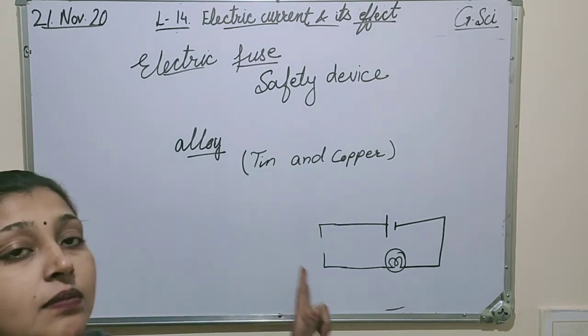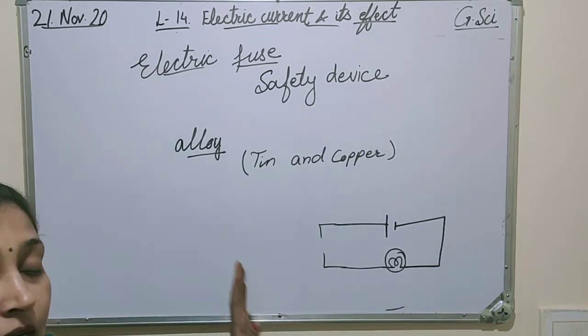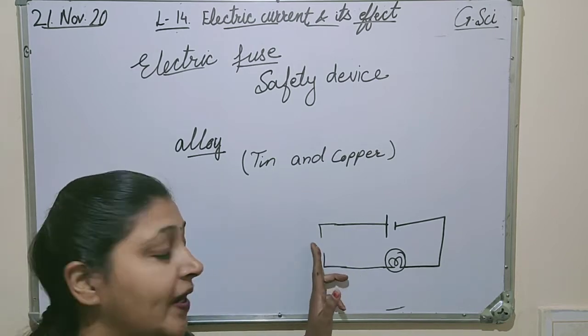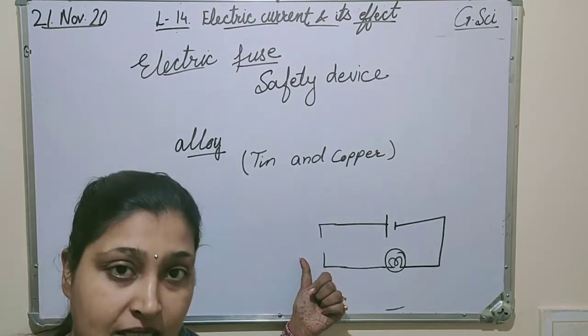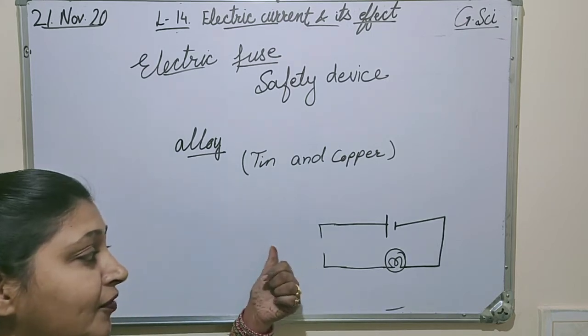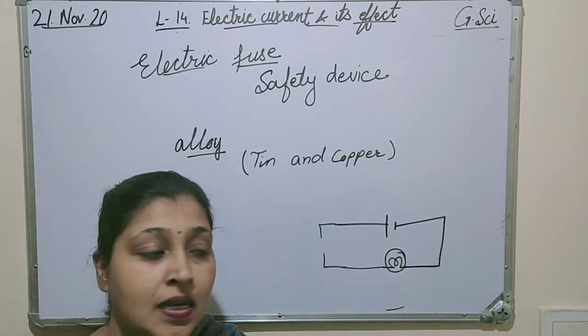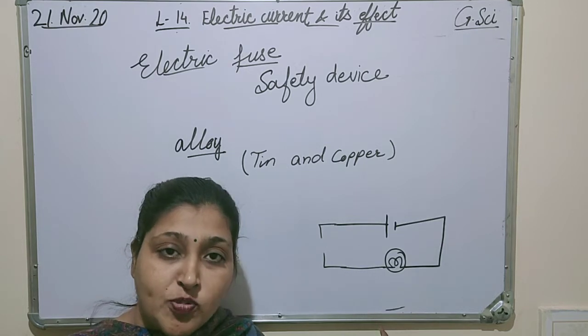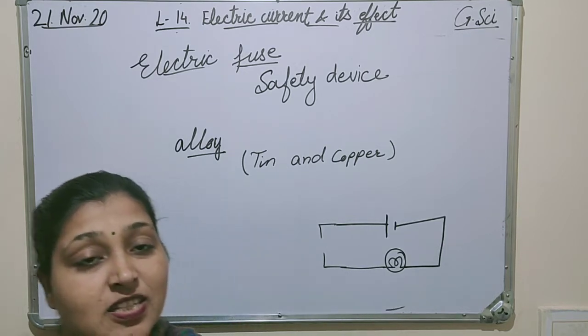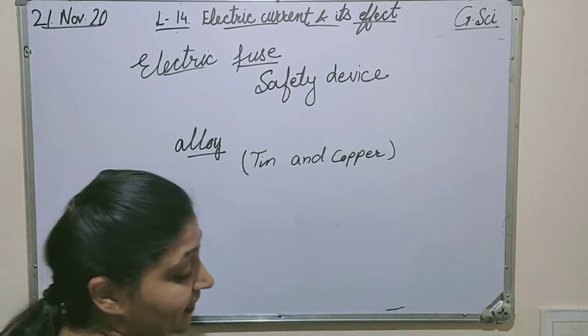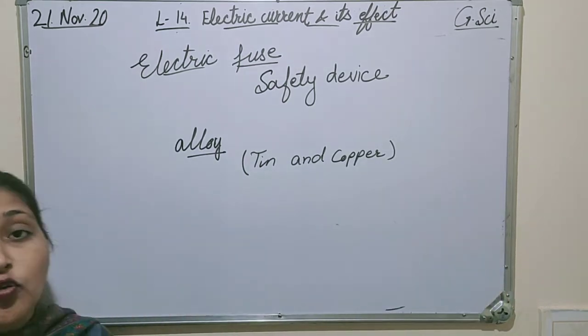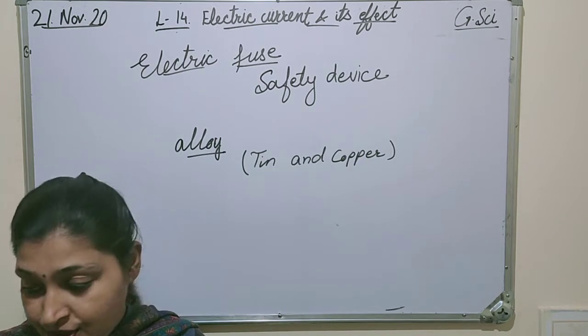Whenever current flows in large amount, the wire melts and it cuts the circuit. And whenever the electric circuit is cut, obviously the current stops flowing. This protects our devices and appliances from being damaged due to high voltage or high current.